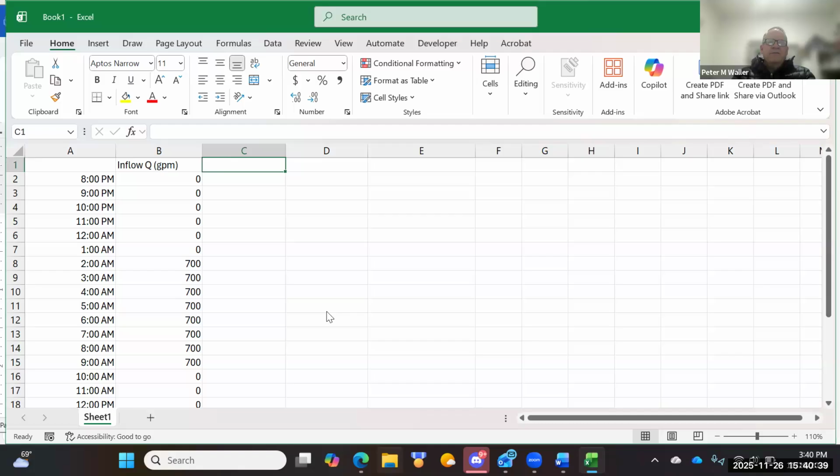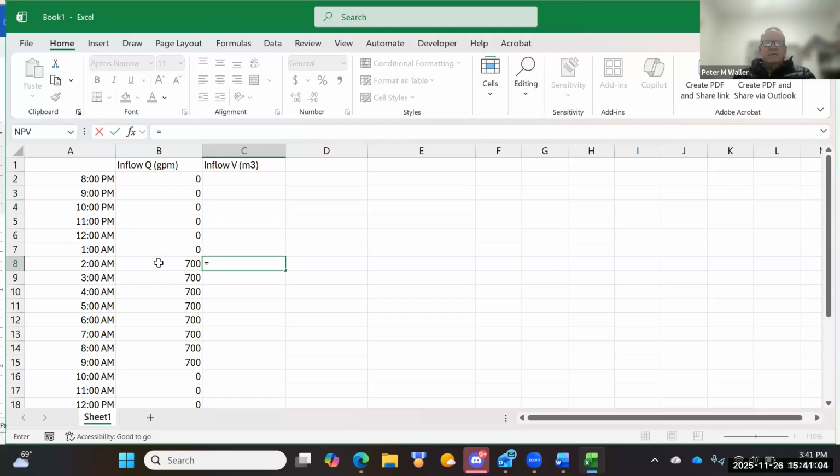So now I have to figure out my inflow volume. I've got my gallons per minute. And let's just call it V, inflow V. So that would be how much water fills up the reservoir in an hour. So these are hour-long times. And that's going to equal that. Since this is gallons per minute, I'm going to multiply times 60.